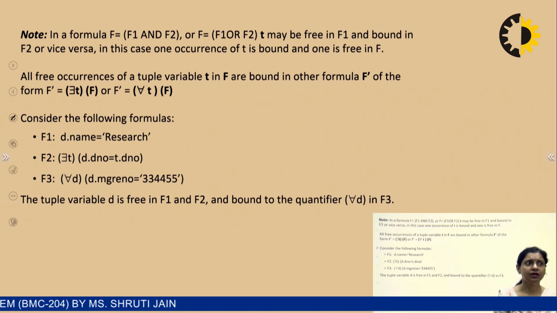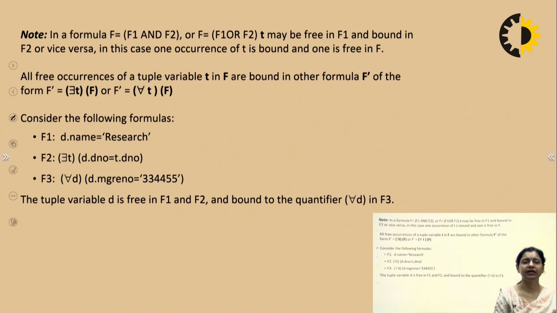So if we talk about the formula with and, or, not, t may be free in F1 but bounded in F2, or vice versa. It is not necessary that both of them are to be free or bounded.